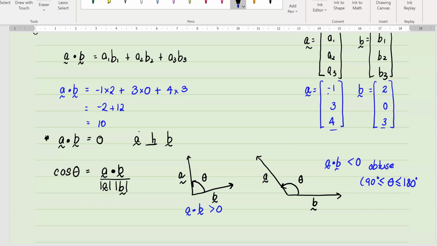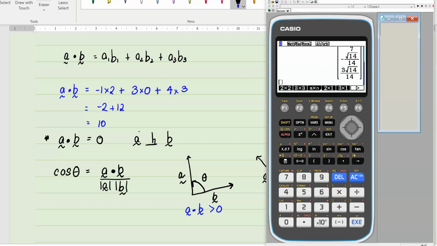Now, speaking of degrees, when you are doing these calculations, you're going to need to make sure that you change your calculator back into degrees and not radians. And recall the video that we looked at last time. I'm not going to go through every little bit of it here, but when we go options, matrices and vectors, you can see that you can find your dot product between two vectors, and you've got this option to find the angle.